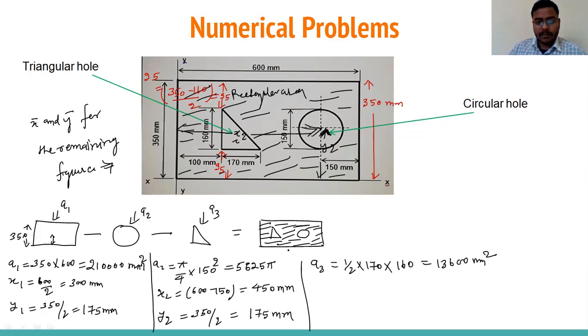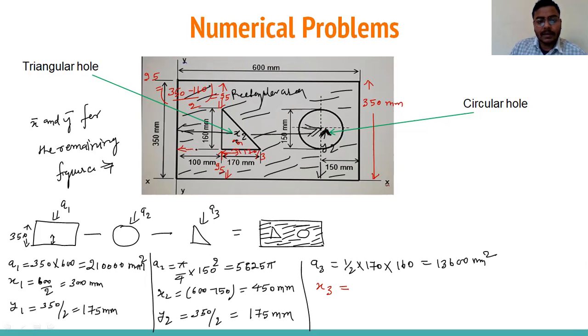Okay, so now we can calculate. For the triangle, what will be the x3? The centroid would be somewhere here. This distance, we know, is b by 3, and b is here 170, so it would be 170 by 3.